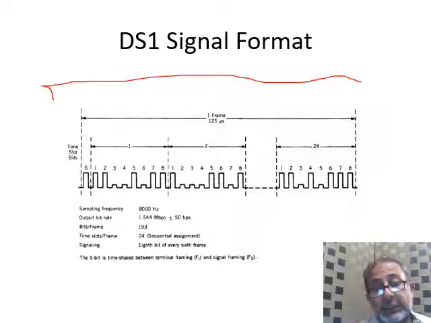Here you can see the S bit comes in the first place. It tells that the new frame is coming. After that, the first, second, third, fourth up to eighth, 8.